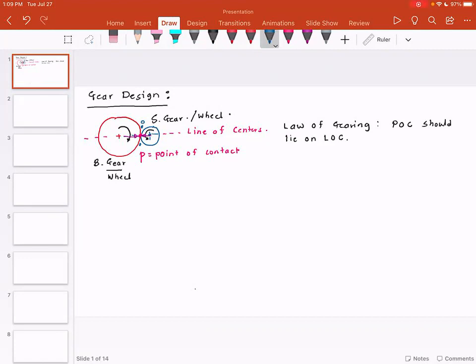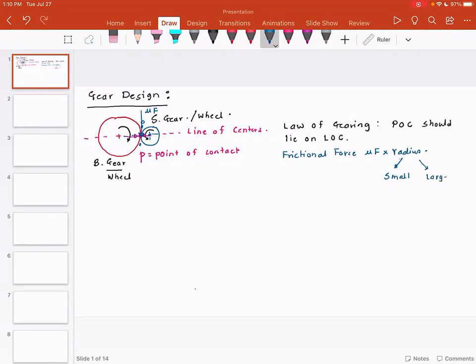And the frictional force is something like this, which is mu times F. That is the cause of power transmission, because when this frictional force gets multiplied by the radius, the torque is transmitted. And this radius could be the radius of the small wheel, or the radius of the large wheel.